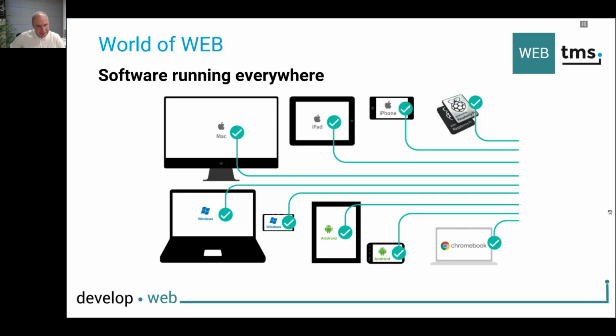And here on this slide, I have a couple of devices that all can access the web, going from iPhone, Android phones, Windows PCs, laptops, Chromebooks, etc. And I even have a funny anecdote that a couple of years ago, I was by coincidence in a Tesla car, and the Tesla car also has a browser on board in the dashboard of the Tesla.